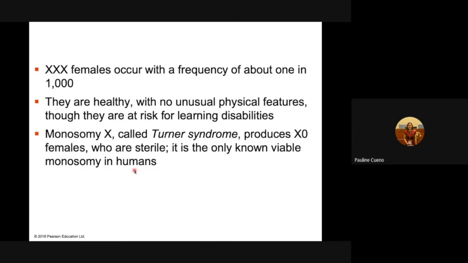And then there is also a case sa females na monosomy X, so meaning monosomy 1 copy of the X chromosome. So ito ay termed as Turner syndrome, wherein females are sterile. And ito lang naman yung alam na monosomy disease or disorder sa humans.